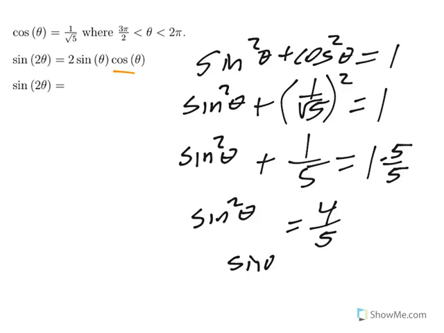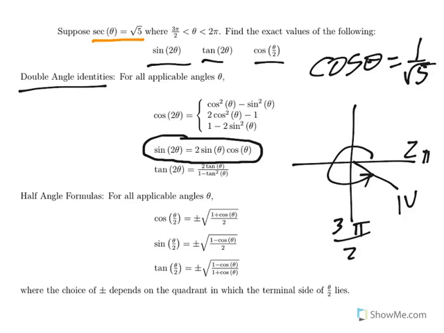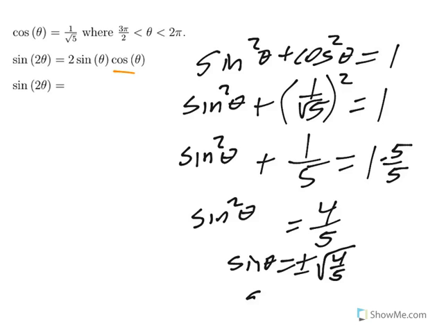And so sine theta is either plus or minus the square root of 4 fifths. I go back and think, wait a minute, I'm in the fourth quadrant where sines are negative. I don't know exactly how big, but I know it's negative. So sine of theta is negative, and square root of 4 is 2. Square root of 5, I'm just going to leave. If I need to rationalize later, I will. But now I know both of these.